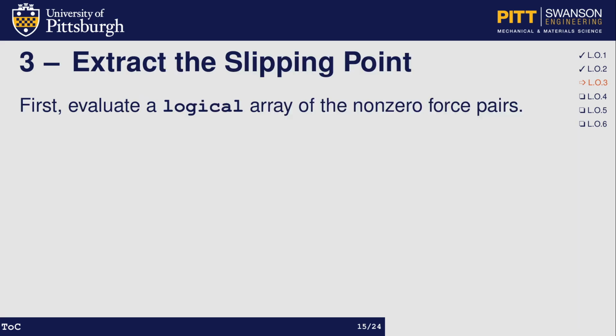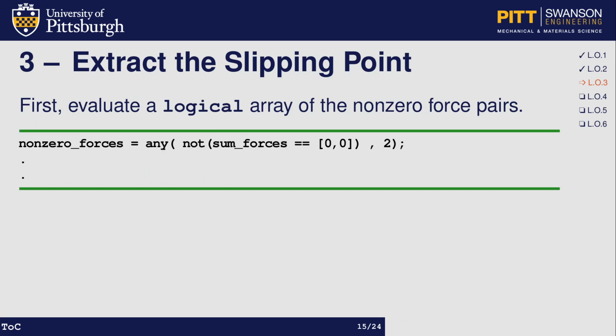To start, let's evaluate a logical array that returns which elements in the sum forces array are equal to the 0 vector. We do that by using the most interior conditional in this line, checking that sum forces equals 0. This gives an array of which elements are equal to the 0 vector.